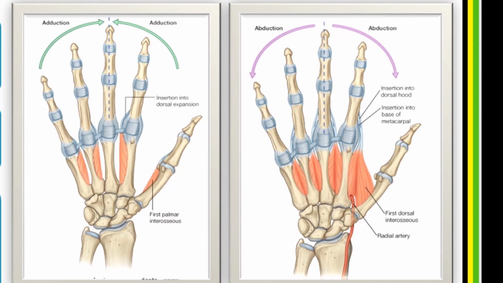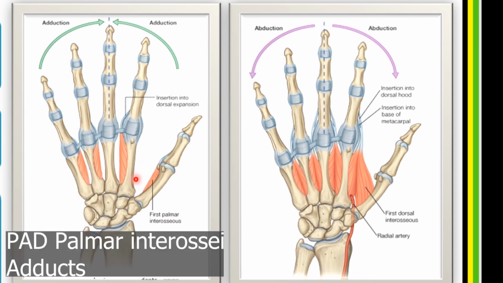Now the palmar interossei here will adduct the digits, and we have this mnemonic that will help aid the adduction, palmar interossei. So we use PAD, P-A-D, which is palmar interossei adduct, PAD.